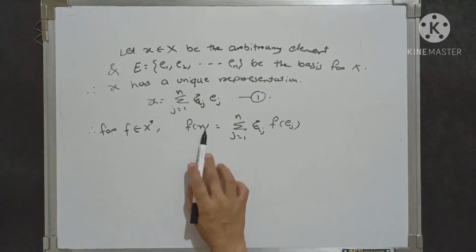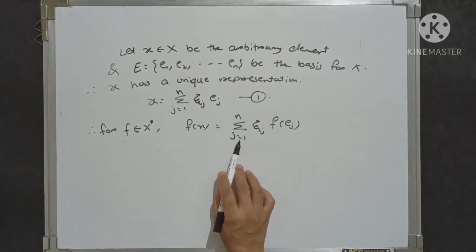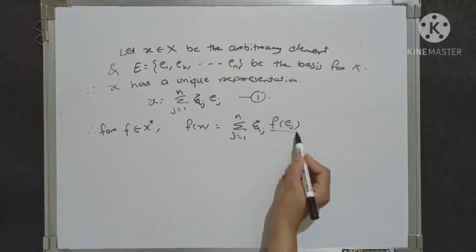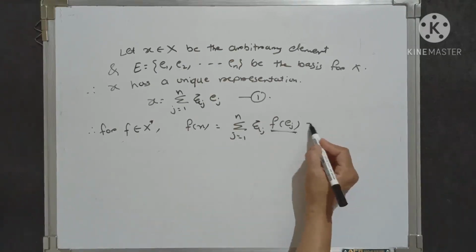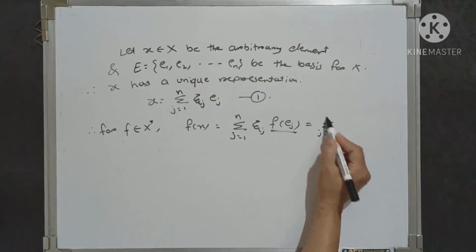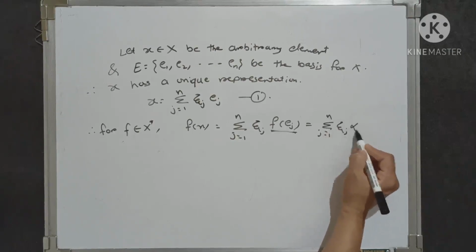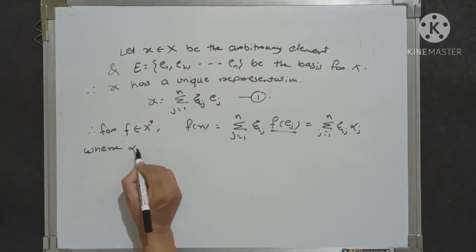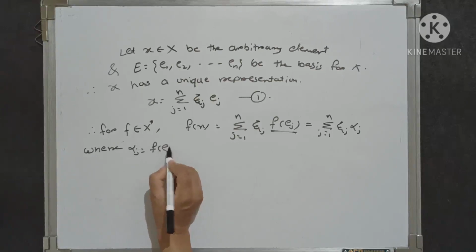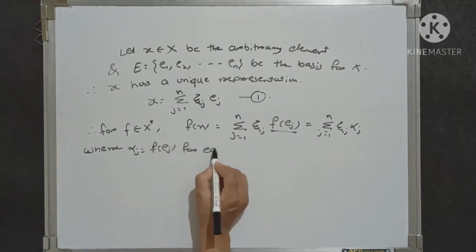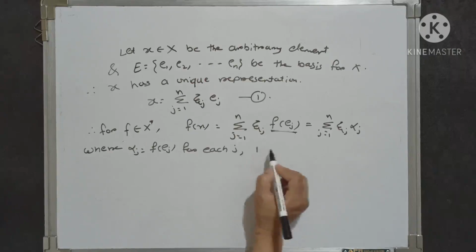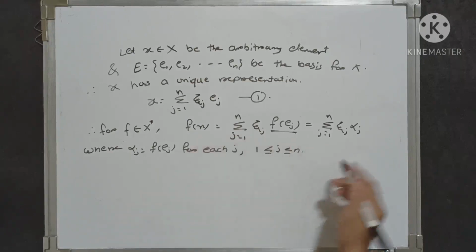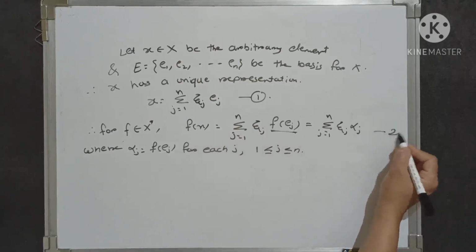Due to this linearity, f of x equals the summation over j of xi j f of ej. Now we write f of ej as alpha j, so f of x equals the summation j from 1 to n of xi j into alpha j, where alpha j equals f of ej for each j between 1 and n. This is the value of f of x. We give it the equation number 2.